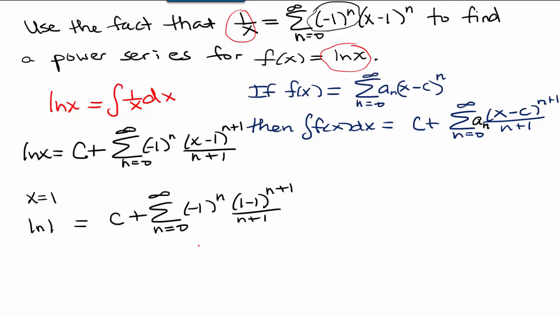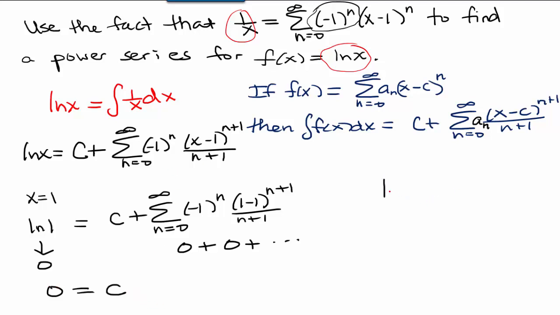When n is 0, we're going to get 1 times 0, so that's 0. When n is 1, we're going to get negative 1 times 0, which is also 0. So we're just going to get a sequence of zeros here. So a sum of all these zeros is just going to be 0. The natural log of 1 is also 0, so we get 0 equals c.